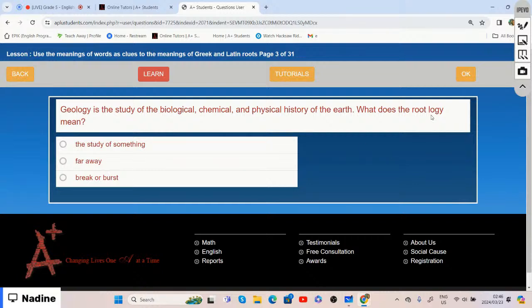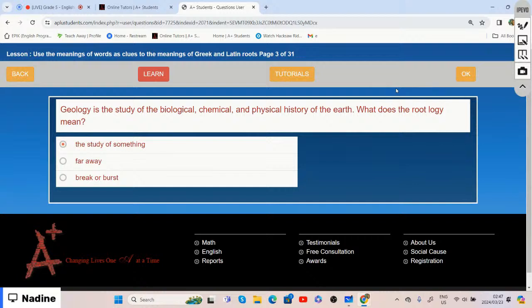All right, so basically, logy then means the study of something, right? It's the same as, here we have another word, geology and psychology. The root word for both of those words is logy, and it's a study of something.